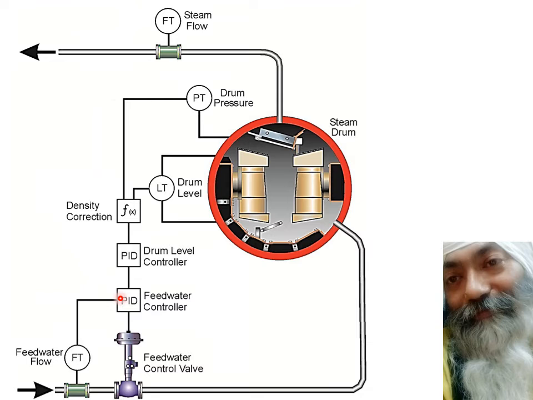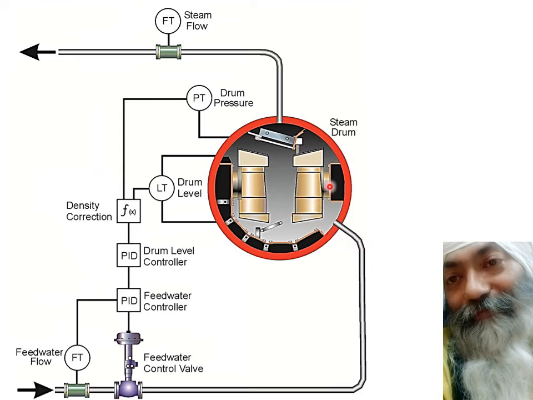This has one hidden advantage. The advantage is that in case for some reason, even if there is no change in level, let us say this feed water flow rate reduces, then this reduction in feed water flow is taken care of by the secondary slave, and this valve opens and increases the flow rate much before its effect is felt by level.